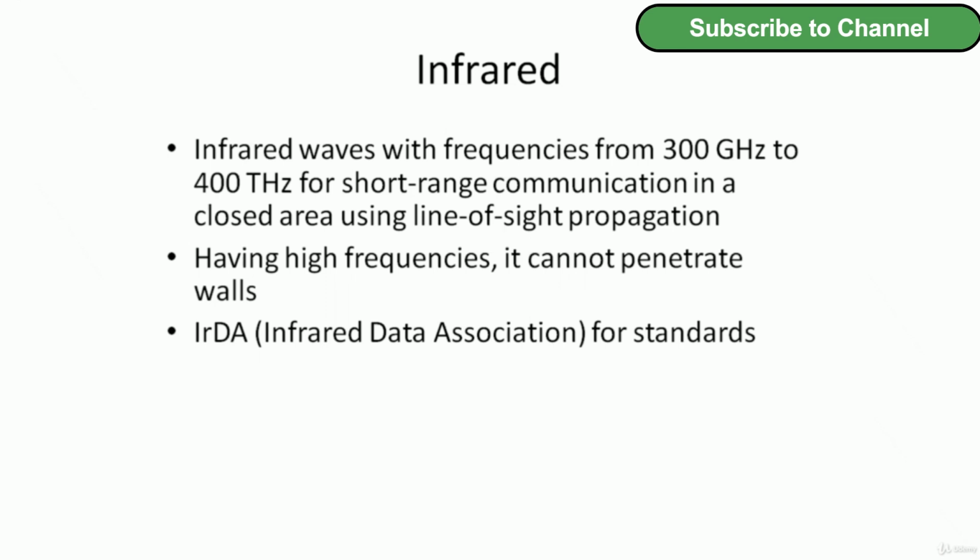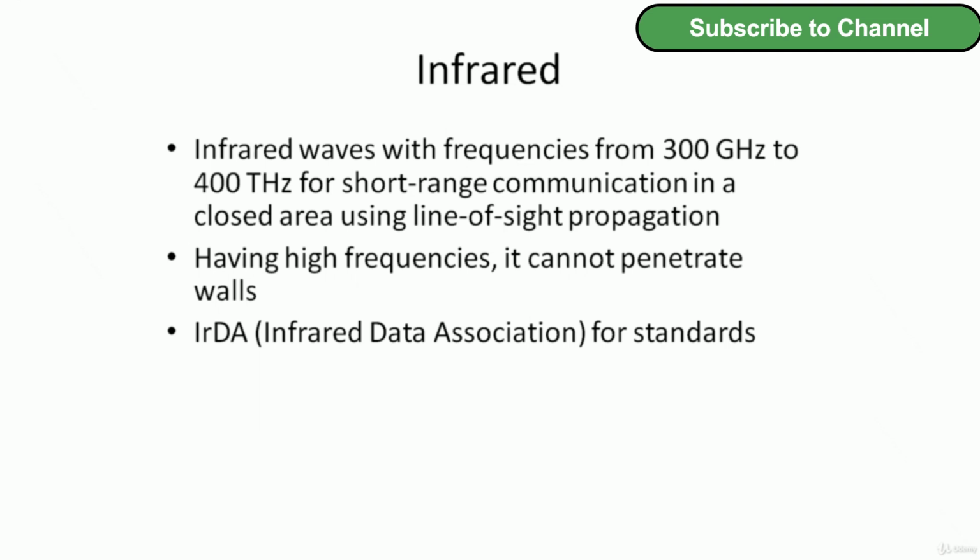Wired is classified in three categories: the twisted pair cable, then coaxial cable, and then fiber optic cable. We have seen the construction, working and types of the wires, and the different connectors used for connecting those wires.